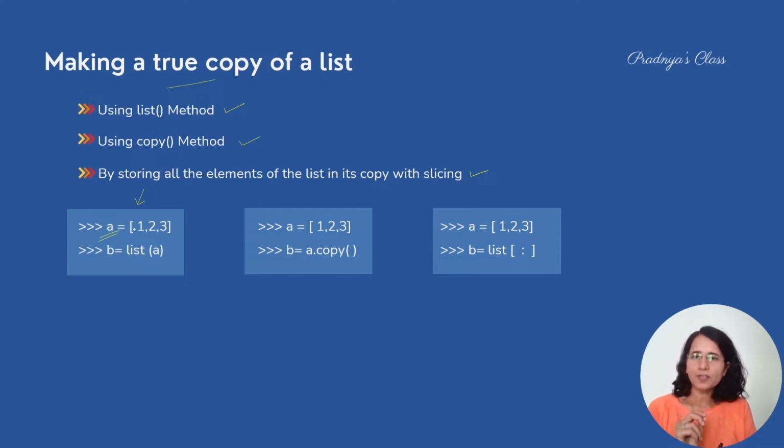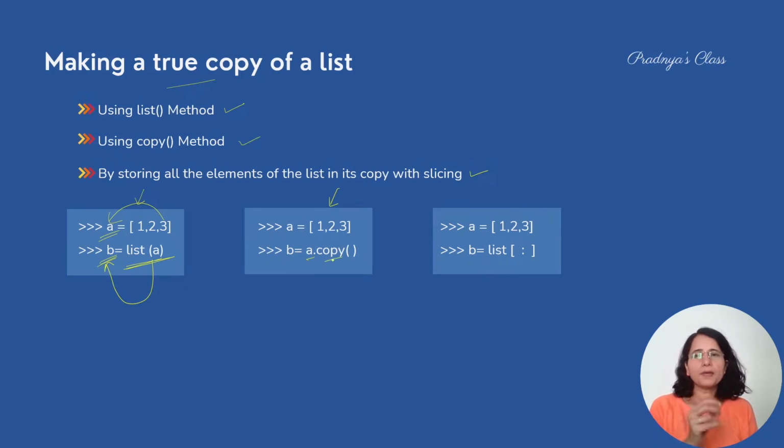Here is a list with some elements in it, and using list I am going to create another list. So the elements of A got stored into the list B. So we copied the content of one list into the other list. In the second example we are using the copy method. This is the way to write it, A dot copy.